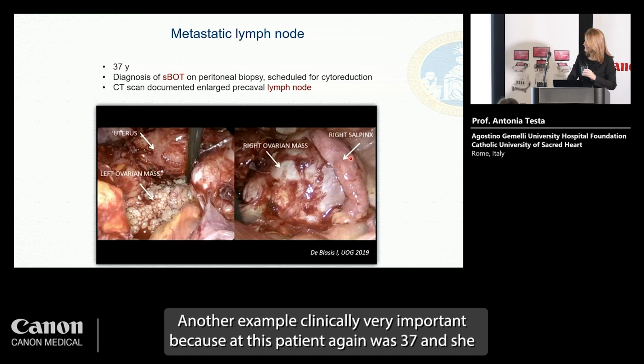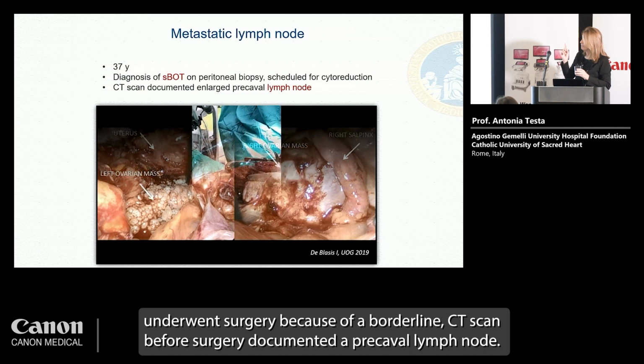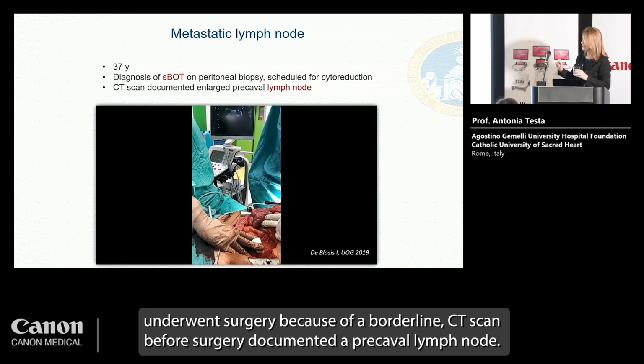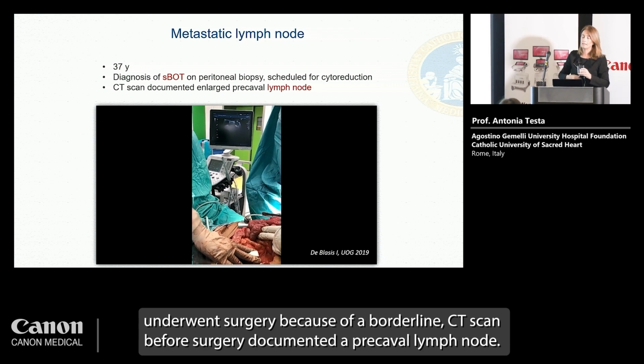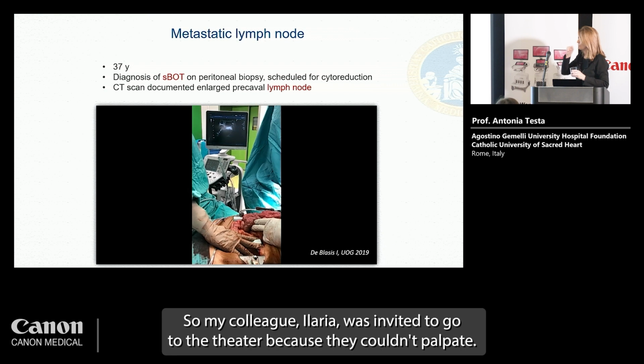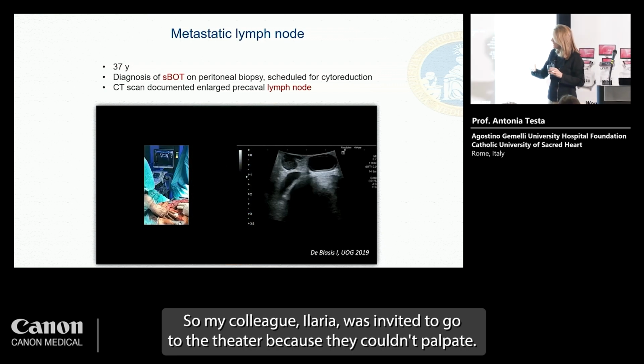Another example, clinically very important, because this patient, again, was 37, and she underwent surgery because of borderline. CT scan before surgery documented a precaval lymph node. So my colleague Ilaria was invited to go to the theater because they couldn't palpate it.